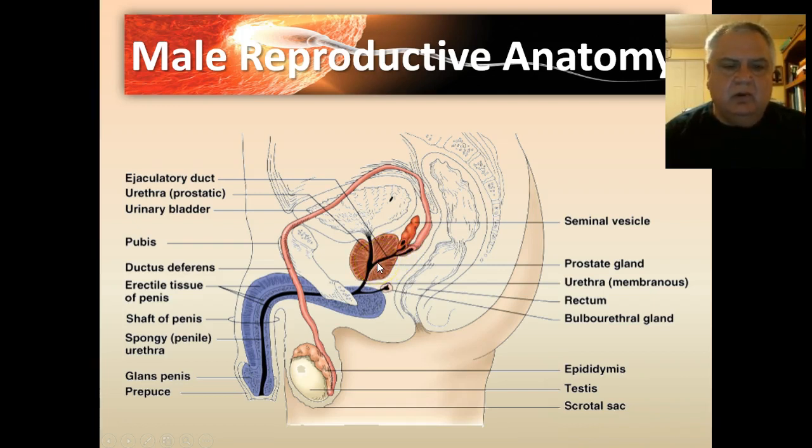The ejaculatory duct then will join the urethra as it comes out of the bladder, and sperm would then be deposited into the urethra and then be released during ejaculation from the urethra of the penis. So those are the various structures that we just went over.